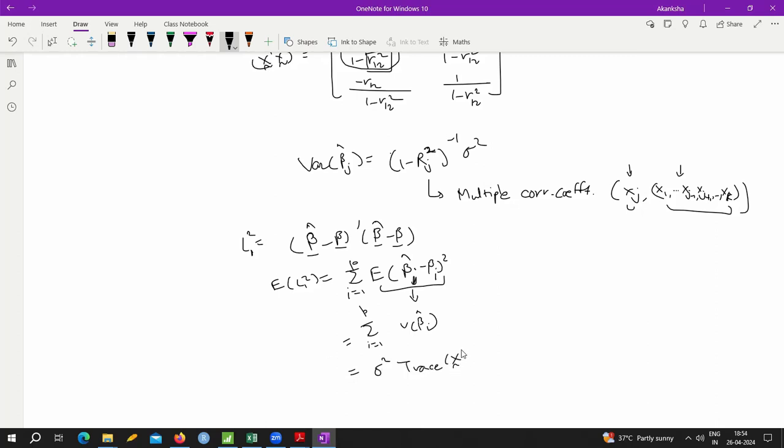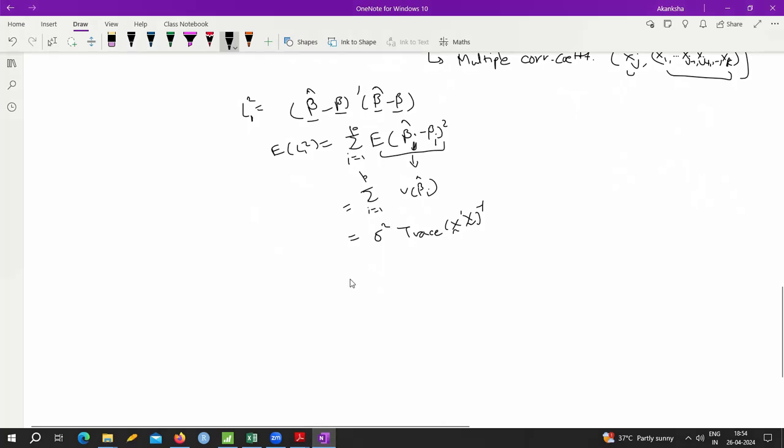Now, the trace of a matrix is the sum of its eigenvalues, so it will be sigma square times the sum over 1 upon lambda i, where the lambda i are the eigenvalues of X prime X. If X prime X is nearly singular, it would mean that at least one of these eigenvalues will be very close to 0.